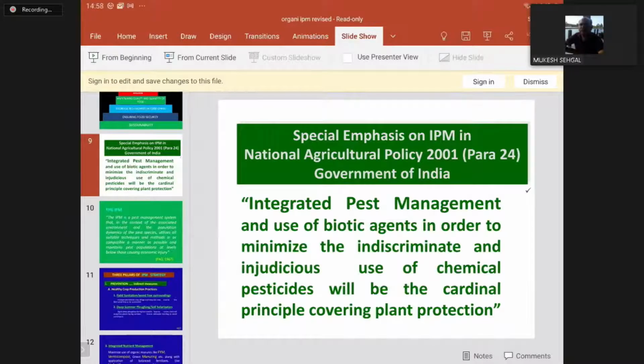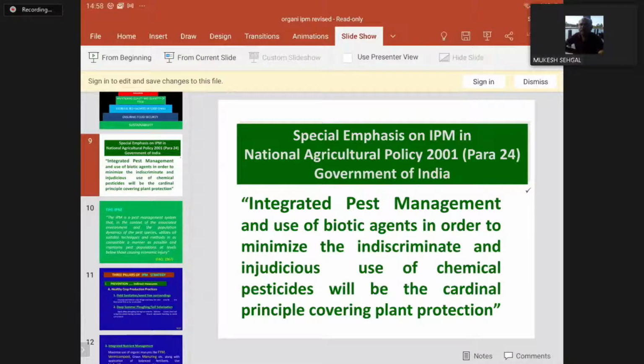Special emphasis on IPM was given in the National Agriculture Policy 2001, Para 24, Government of India, which says that integrated pest management and the use of biotic agents, in order to minimize the indiscriminate and injudicious use of chemical pesticides, will be the cardinal principle of plant protection. So this is actually required in our national agriculture policy.